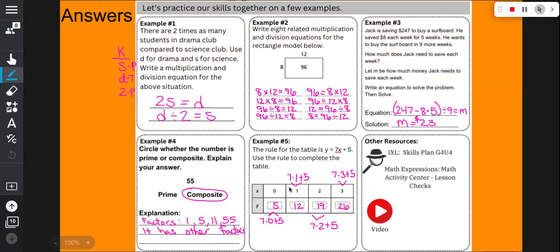The next one, 7 times 1 is 7, plus 5 is 12. The next one, 7 times 2 is 14, plus 5 is 19. And our last one, 7 times 3 is 21, plus 5 is 26.